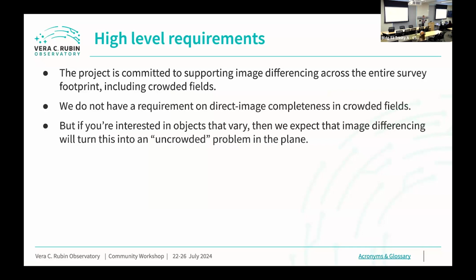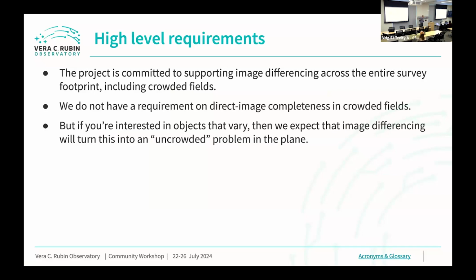It's important to say that we don't have a requirement on direct image photometric completeness, not doing image differencing, in crowded fields. So if we're talking pointing at the bulge and trying to recover all many 100,000 sources per square degree, that is a best effort endeavor from the project standpoint.